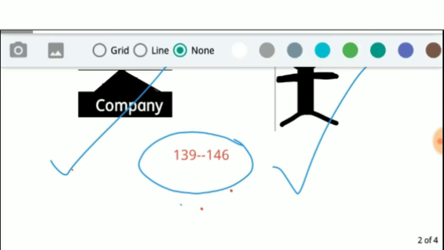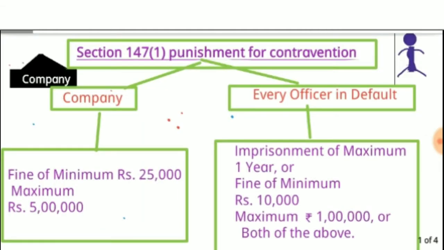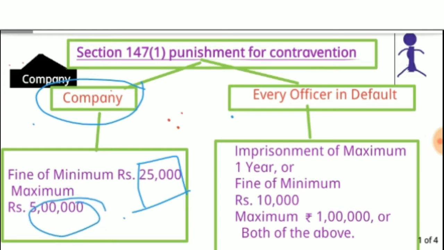Okay, so it is stating that if a company has made any contravention to the provisions of 139 to 146, then such company shall be punishable with a fine of minimum 25,000, which may extend to 5 lakh rupees.